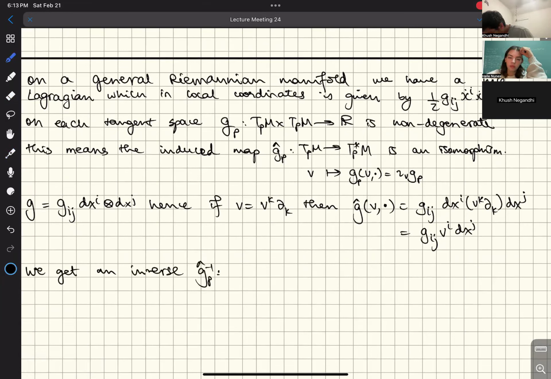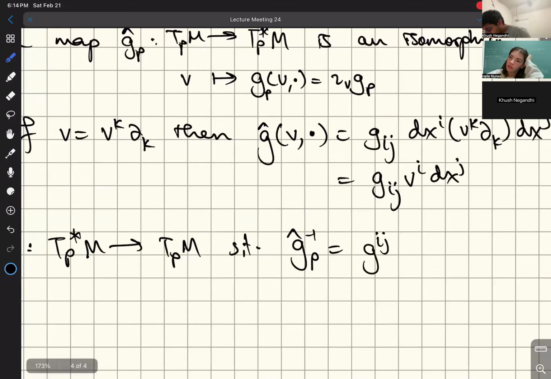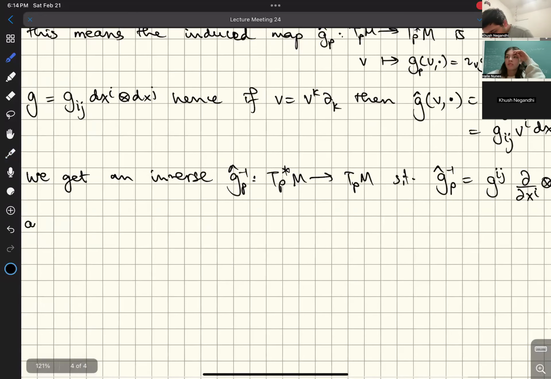G hat inverse at P, which takes T_P star M into T_P M, such that in local coordinates, you have G hat inverse at P equal to G^ij partial xi tensor partial xj. And G^ij satisfies G^ij Gjk equals delta ik. I mean, that's just what it means to be inverses of each other.